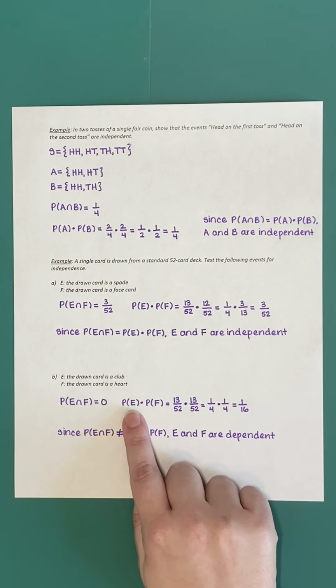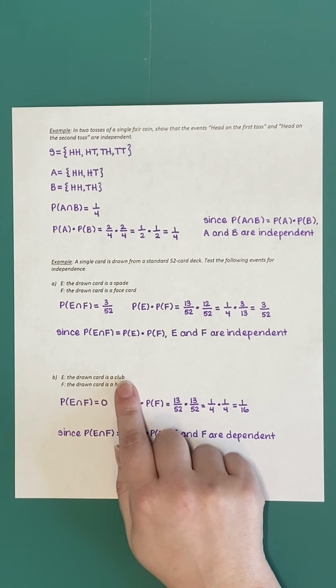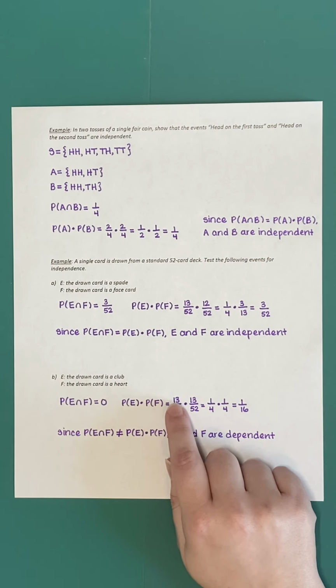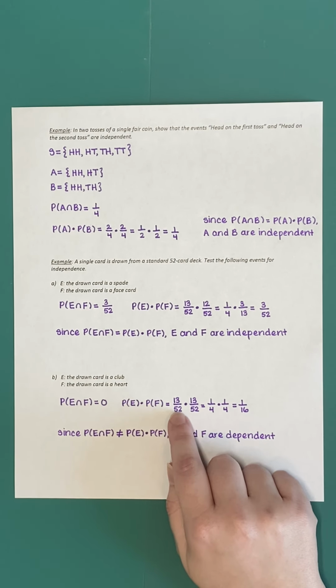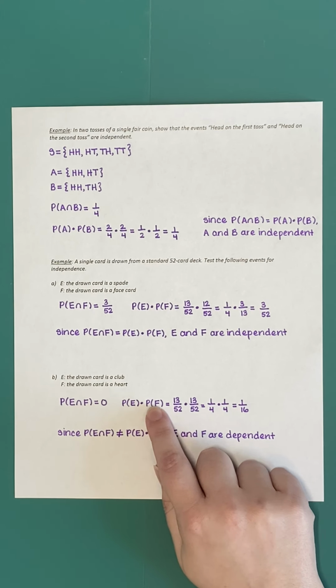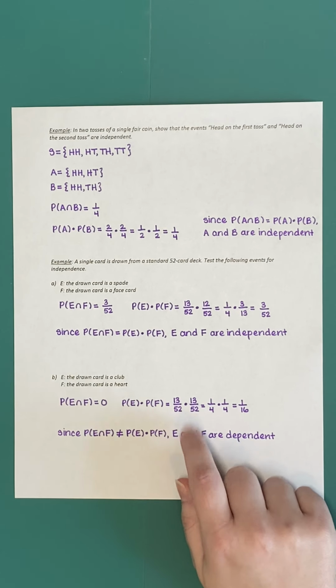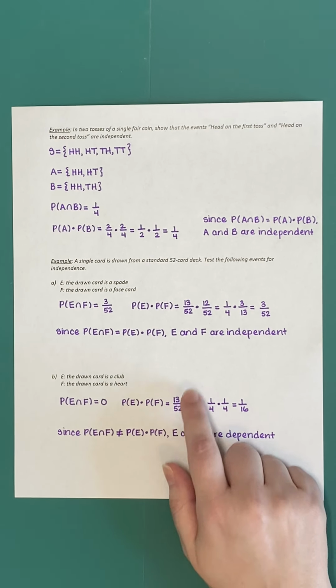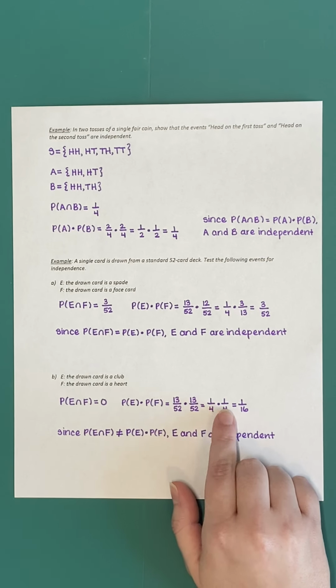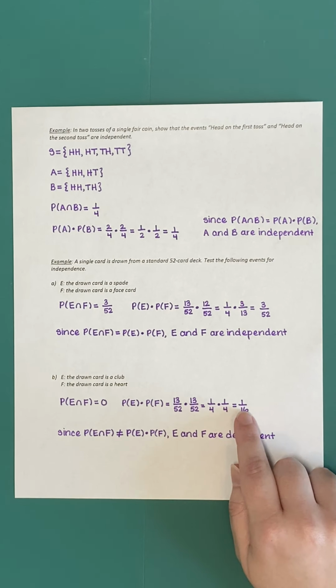Well, what's the probability of E? In other words, the probability that we get a club. Well, there's 13 ways to get a club out of 52 cards to draw from. And then the probability of F, same kind of thing. There's 13 hearts to choose from out of 52. So both of those probabilities reduce to 1/4. We take their product and we get 1/16.